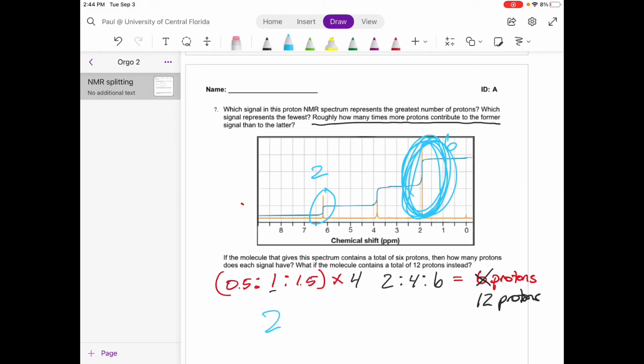Well, 2 times what equals 6? 2 times 3. So the integration right there is going to give you 3 times as many protons as that signal. That's what it means.